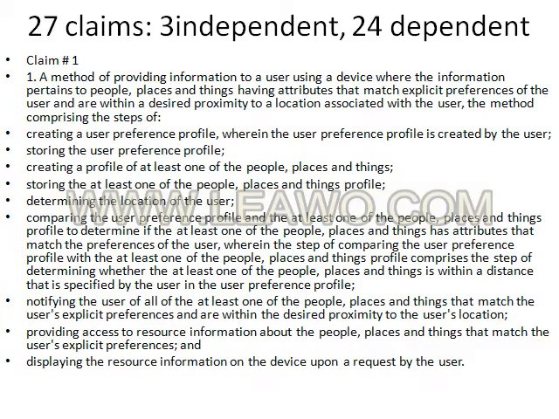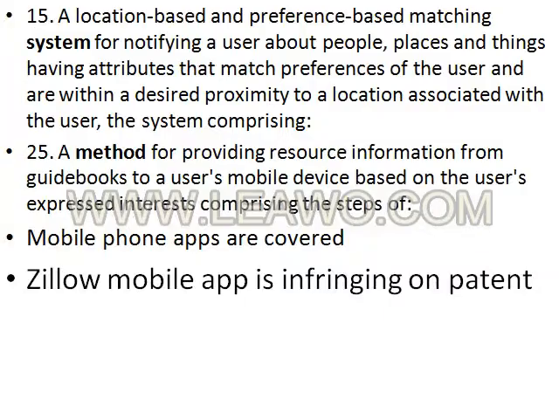Let me explain another one of the independent claims. These are 2 of the other independent claims, and I'm going to give you brief descriptions of them. Claim number 15 is a location-based and preference-based matching system for notifying a user about people, places, and things having attributes that match preferences of the user and are within desired proximity to a location associated with the user.